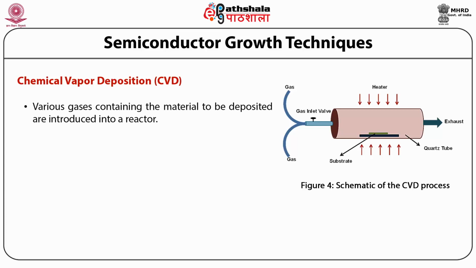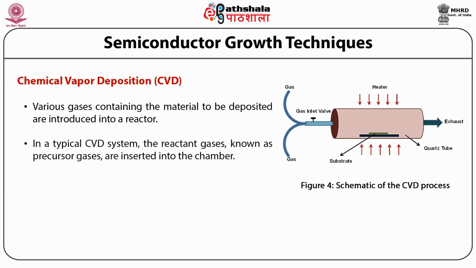Various gases containing the material to be deposited are introduced into the reactor as shown in this figure. Upon reacting, the material is deposited in the form of a thin film on a substrate placed inside the reactor. So in a typical CVD system, the reactant gases, known as precursor gases, are inserted into the chamber.